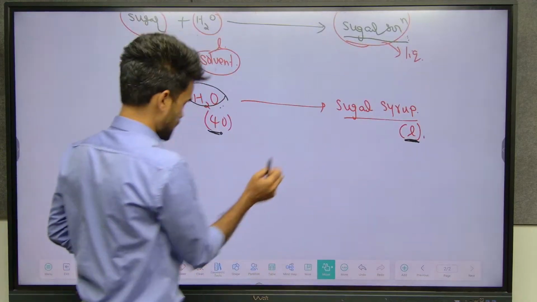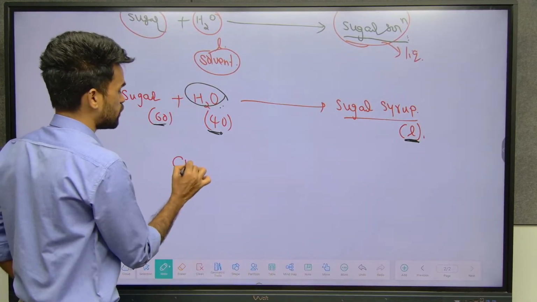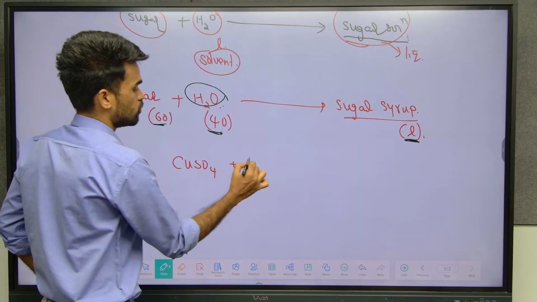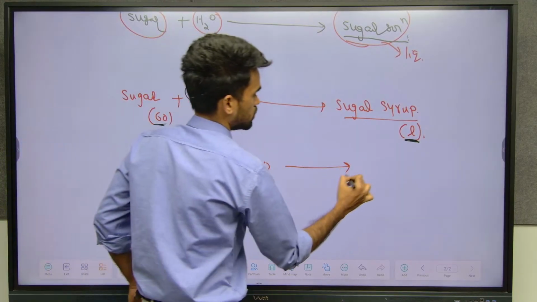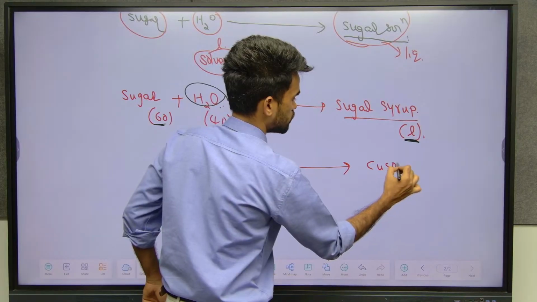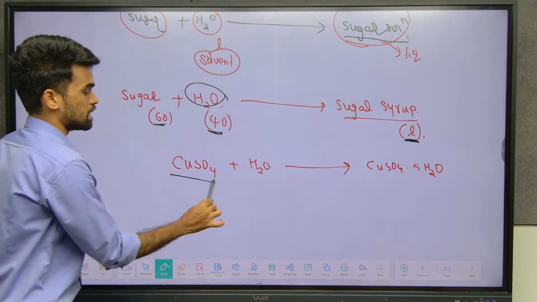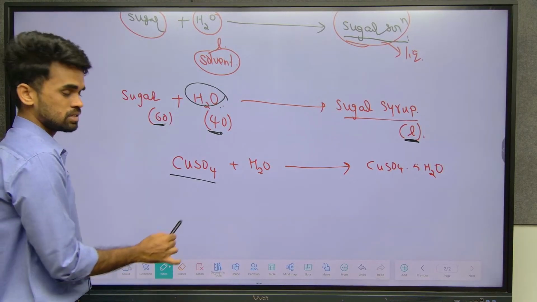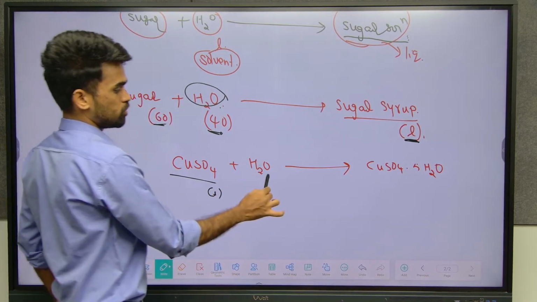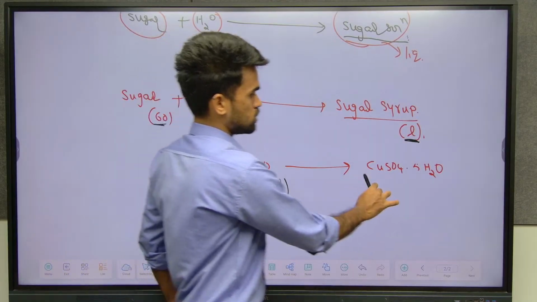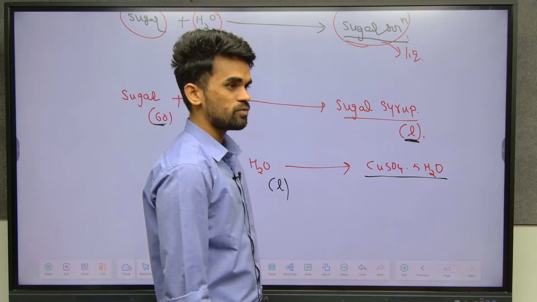One more example: copper sulfate in water. I hope you know copper sulfate is a salt. What is its physical state? And what about water? CuSO4.5H2O, we say blue vitriol.